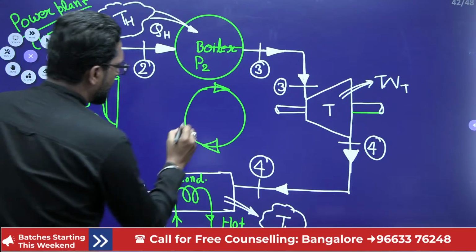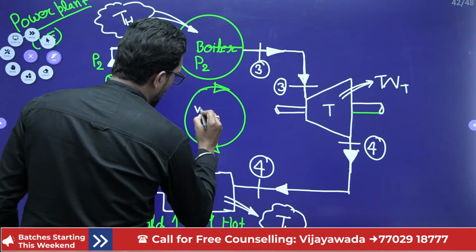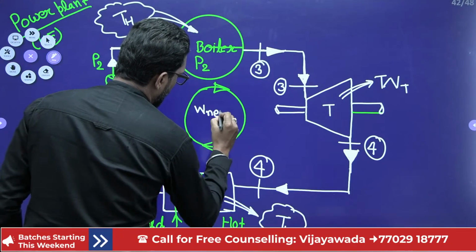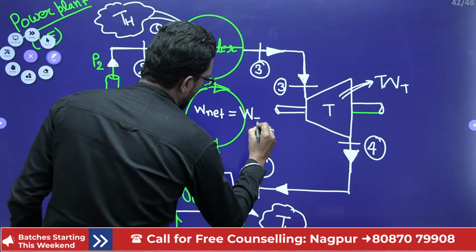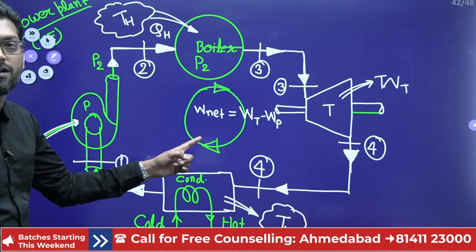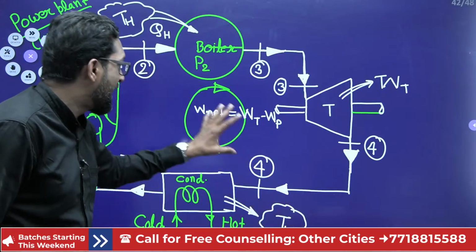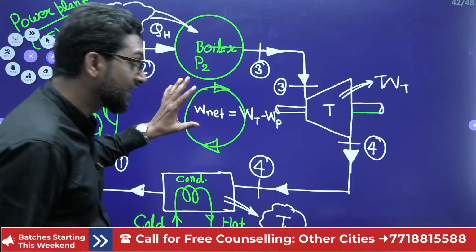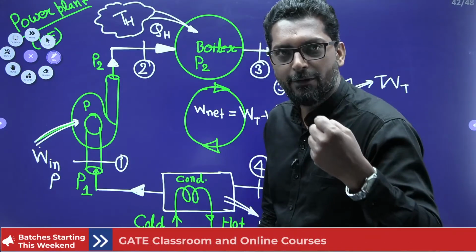So what is the net work? W net is equal to work produced by the turbine minus work input to the pump. So this is your net work produced. So it works on a 2 temperature limit and produces a net work, that satisfies the Kelvin-Planck statement.